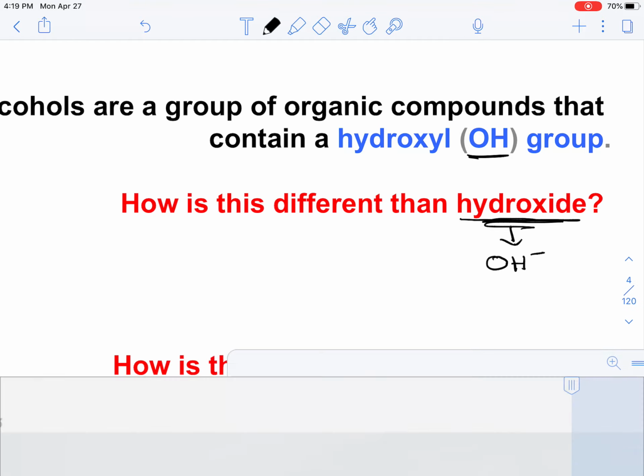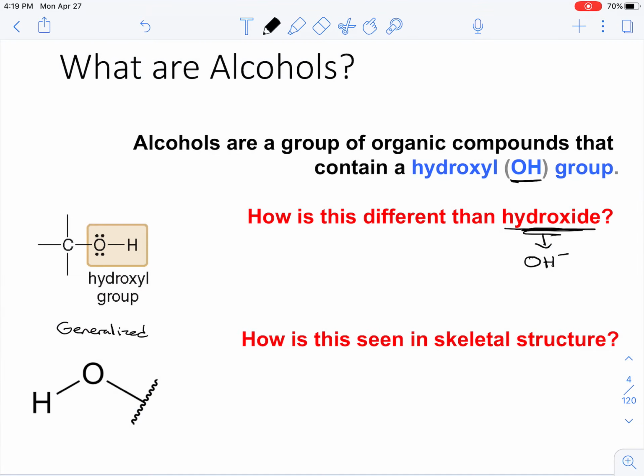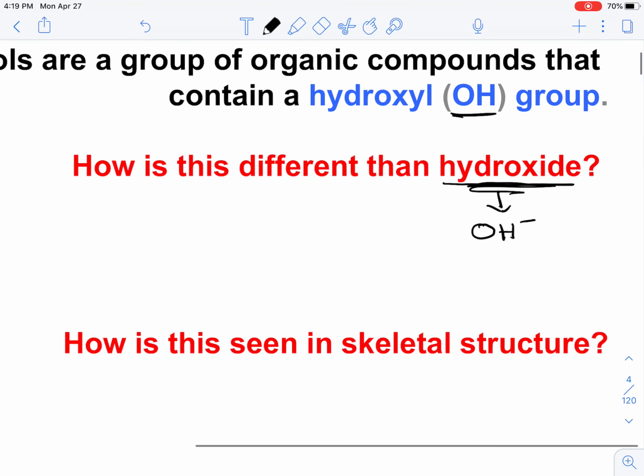This negative charge is indicative of an anion in inorganic chemistry. Typically these anions are going to ionically bind to a cation.